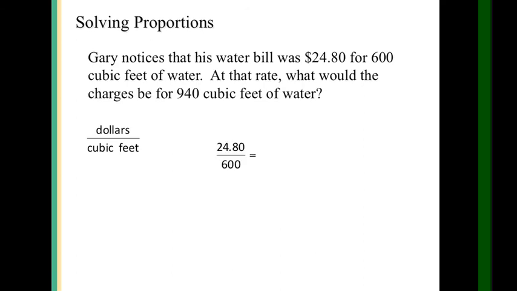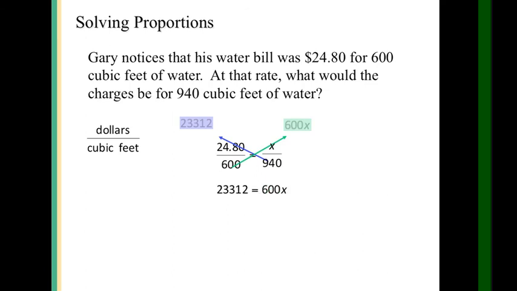So we have 24.80 over 600 equals x over 940. Kung napapansin nyo, yung cubic feet, yung dalawa nasa baba, yung dollars sa taas. Ang hinahanap dito sa problem ay yung charge, mean to say yung dollars. So again, we will cross multiply. The answer is 23,312, and for the 600 times x is 600x.